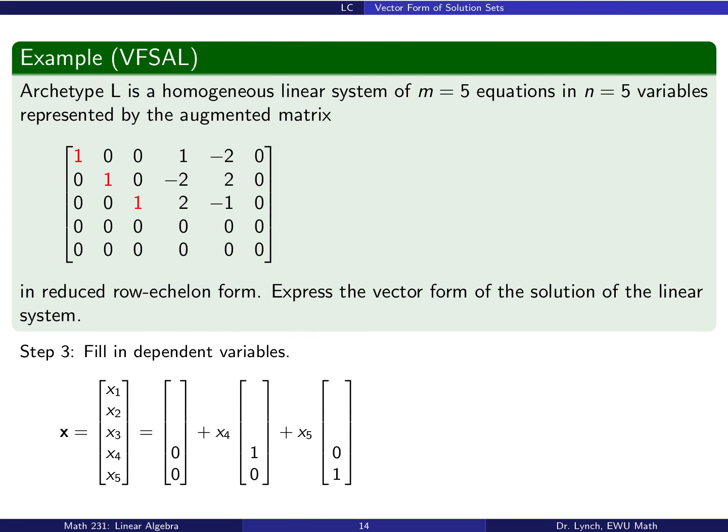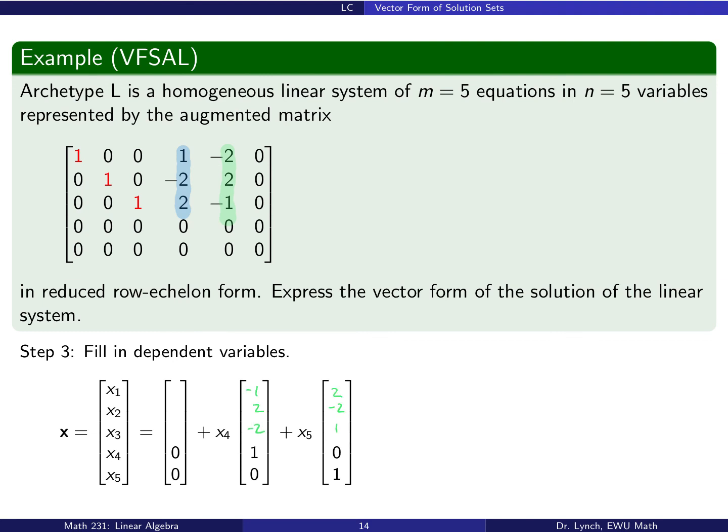the coefficients for x1, x2, and x3 corresponding to the free variable x4 are going to come from that fourth column, and the coefficients for x1, x2, and x3 corresponding to the free variable x5 are going to come from the fifth column. Okay, so here are those variables.